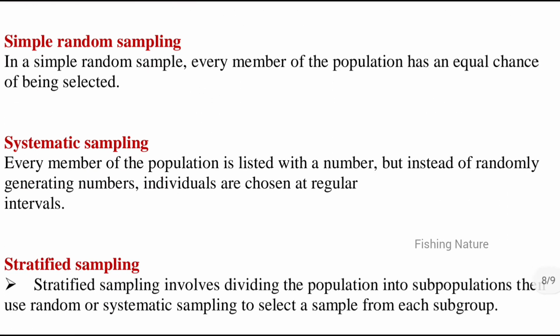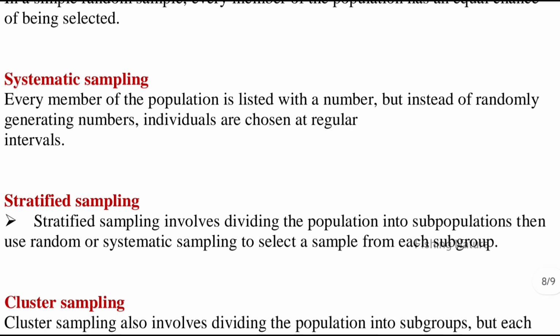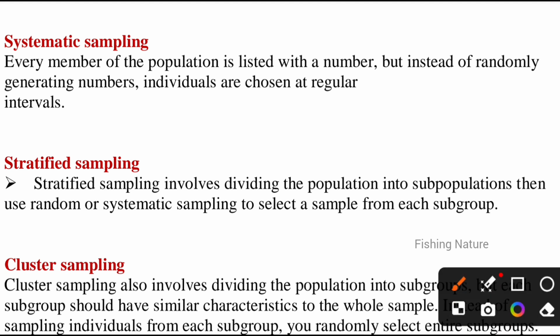In simple random sampling, every member of a population has an equal chance of being selected. We can sample simply at random. Next, in systematic sampling, every member of a population is listed with a number, but instead of randomly generating numbers, individuals are chosen at regular intervals.